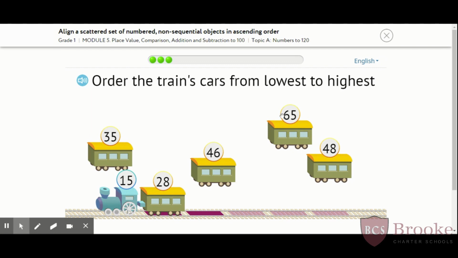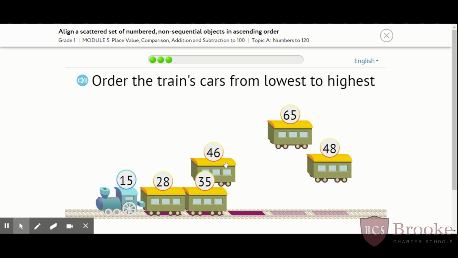Of these tens values, which is the smallest or the lowest? I agree, 3 tens is smaller than 4 tens and definitely smaller than 6 tens. Nice work, first grade. Let's keep going.